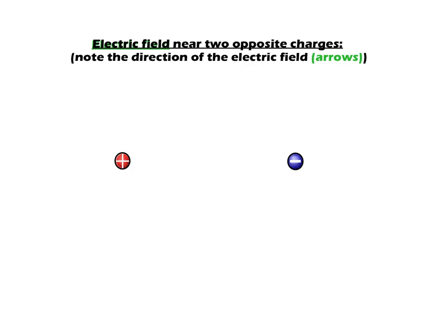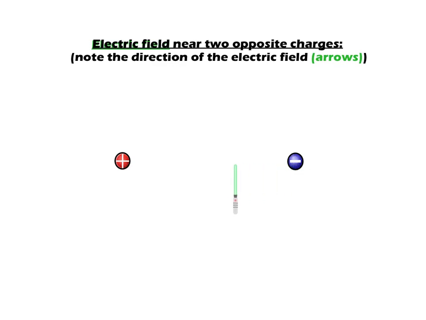Okay, now let's look at a positive charge and a negative charge. We're going to assume that for this diagram, the magnitude of the positive charge and the negative charge is exactly the same. All right, so the first area I'm going to focus on is the space directly in between the two. Not above or below, we'll get to that in a little bit, but right in between. Anywhere in between, there's going to be a repulsive force from the positive charge and an attractive force from the negative.